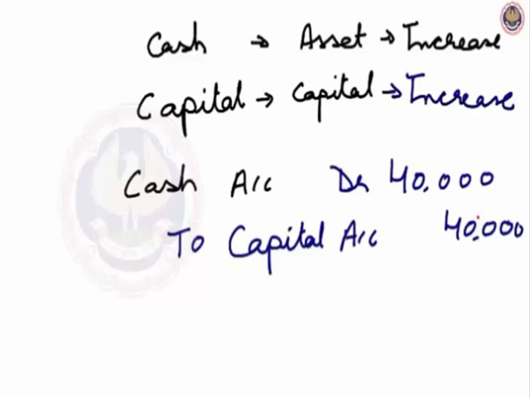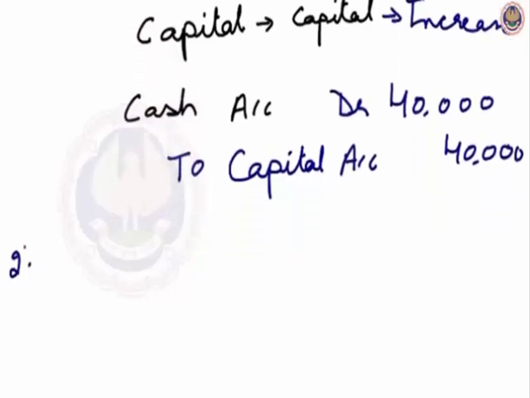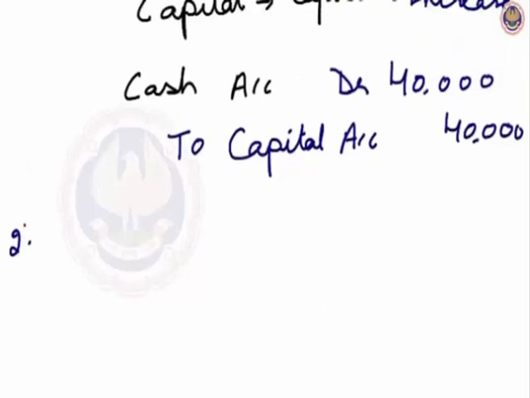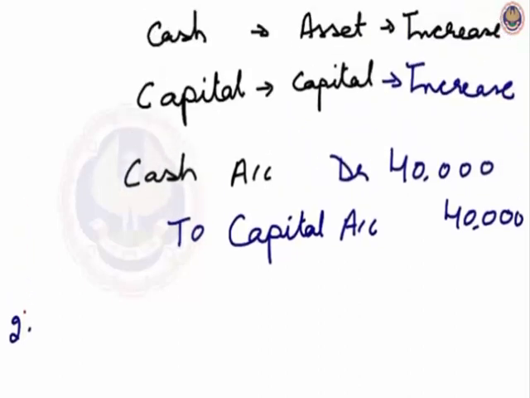When the capital increases, we credit the capital account. So the journal entry is cash account debit to capital account. Cash is an asset, debited due to the increase. Capital is a separate head; whenever it increases, it is credited.